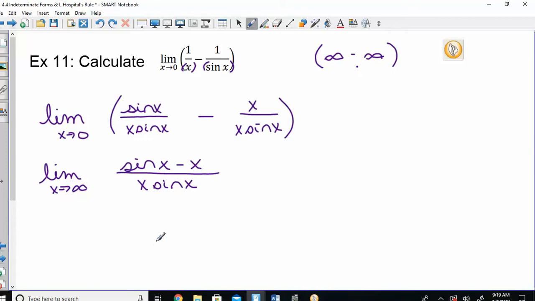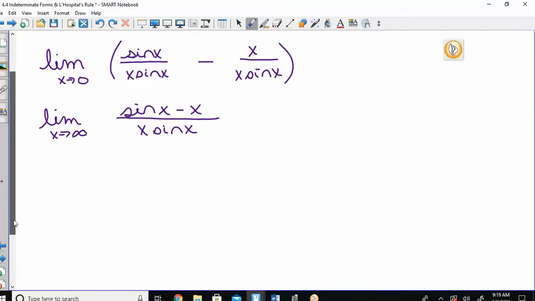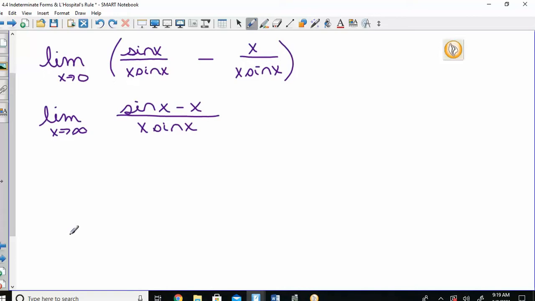Okay. This one, as far as looking at this and knowing what it's going to, it's very difficult because as x goes to infinity, does sine equal any one number? Oh, that helps a lot. Thank you. Okay, so that's not so bad.